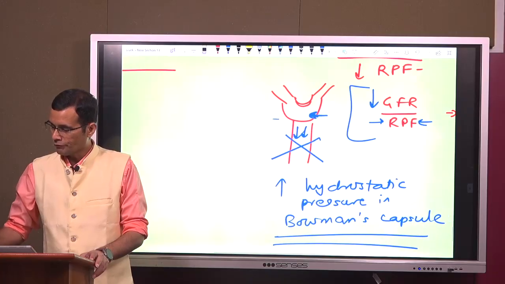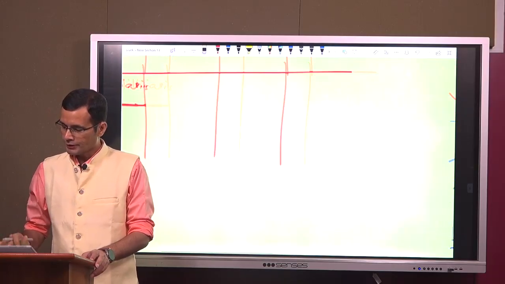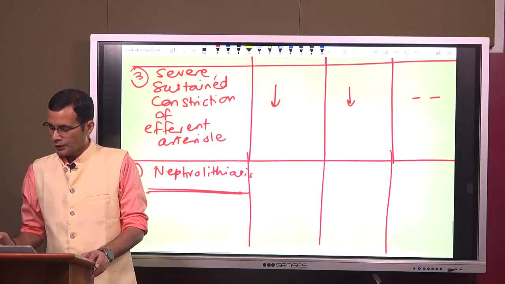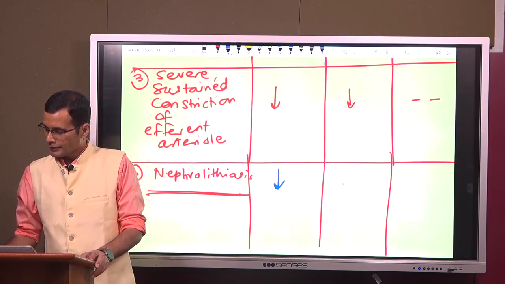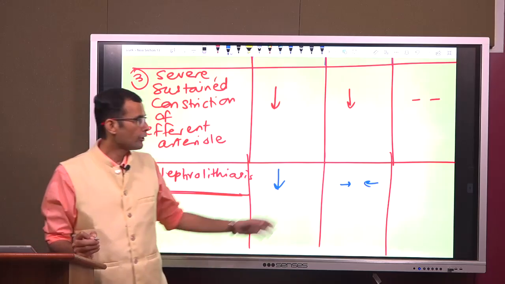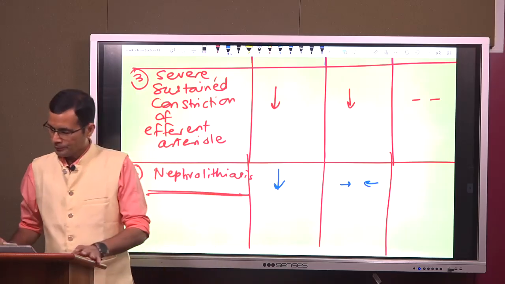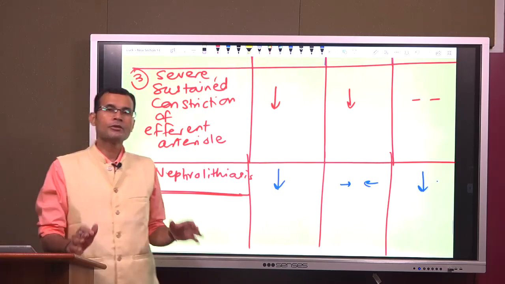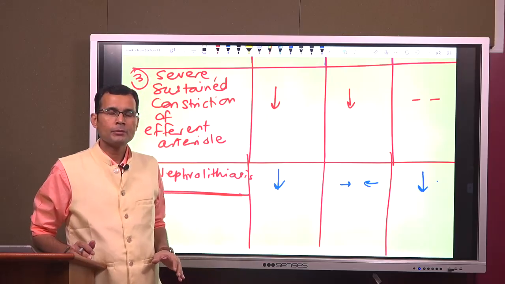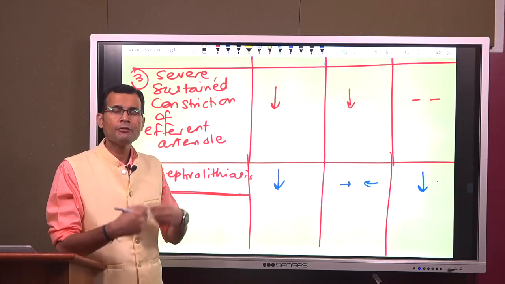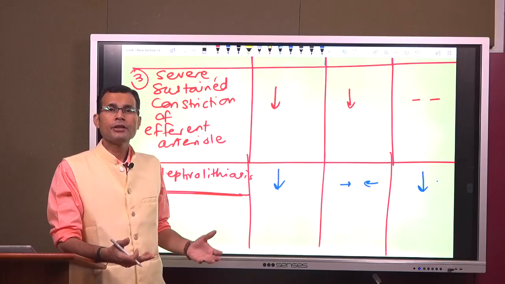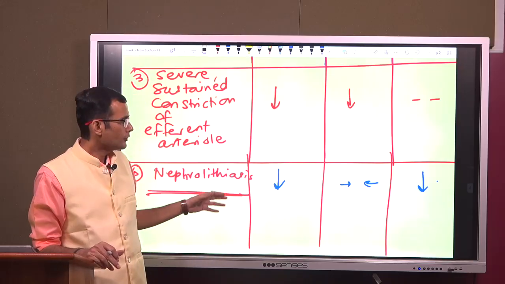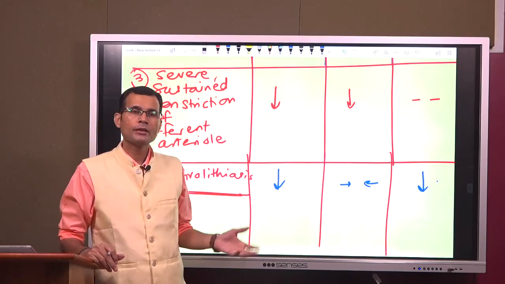This ratio, the filtration fraction, will decrease. Let's just write down here. Nephrolithiasis, GFR decreases, renal blood flow and plasma flow more or less the same. So filtration fraction decreases. These are some of the important factors. They can give you a case study or some problem and ask you to calculate what will happen in this particular case.